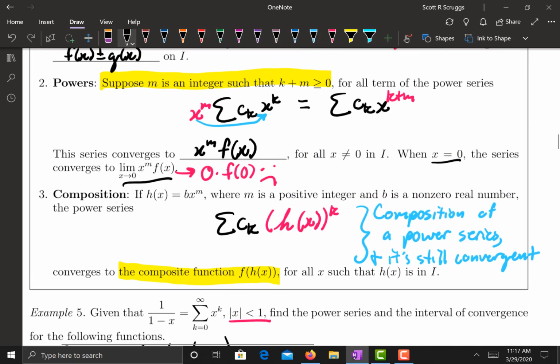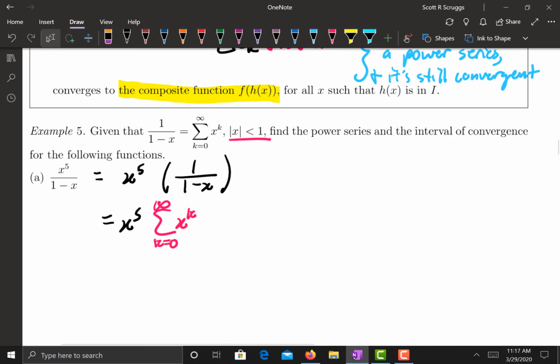Now I'm going to use property 2, because in this case m equals 5, and if k is going from 0 to infinity, k plus m is at least 0.